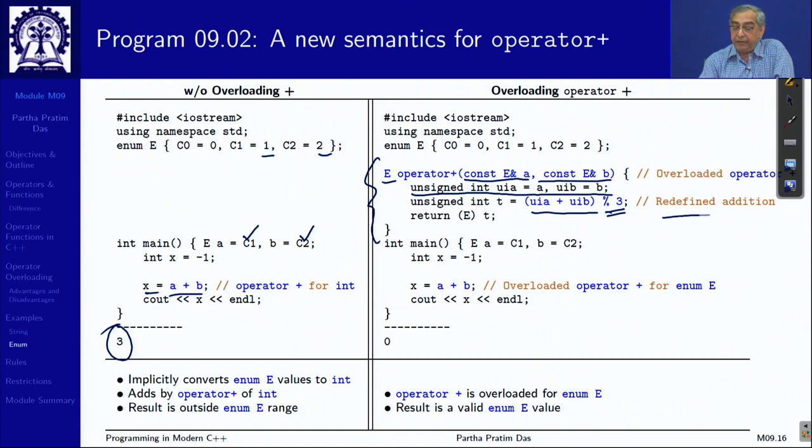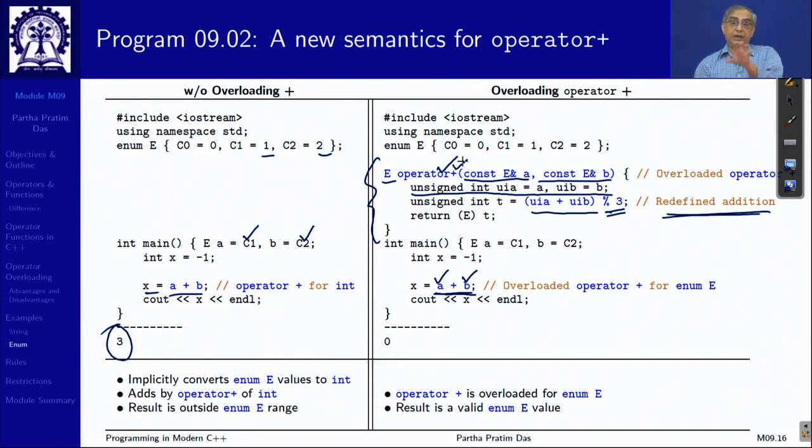So this is the redefined addition that I have, with new semantics, and then I can use it exactly in the same way. Now, the arithmetic conversion will not apply, because I have already given an overloaded operator. So the compiler will know that A is of type E, B is of type E, and an overloaded plus operator has been given.